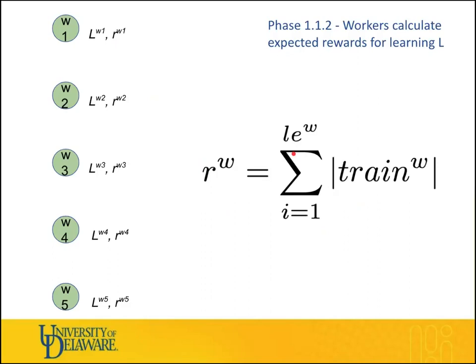For example, if a worker has a training set with 100 data samples and it performed 5 epochs to update its local model, its expected rewards for this round would be 500. We denote the learning rewards calculated by the worker as R superscript W for this presentation.